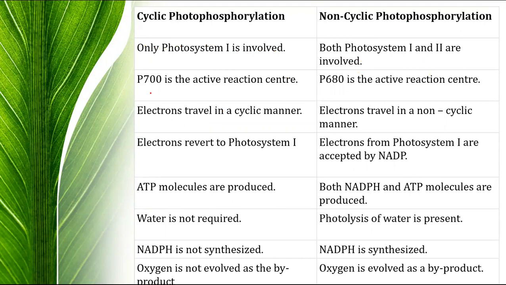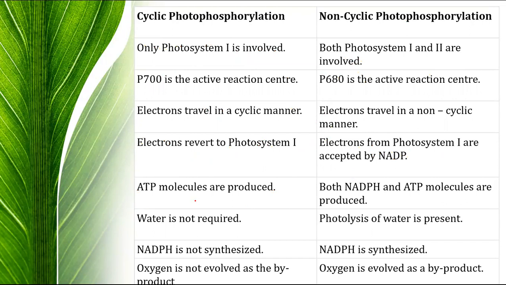The main reaction center of cyclic is P700, while for non-cyclic it is P680. Another important difference is that in cyclic the electron reverts to photosystem one, while in non-cyclic the electron from photosystem one is accepted by NADP, so it does not revert.